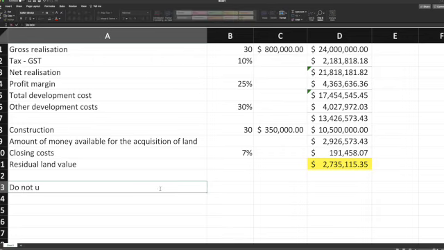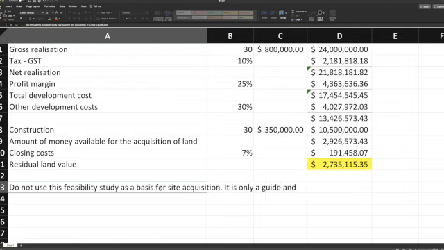Do not use this feasibility study as a basis for site acquisition. It is only a guide, and further due diligence is required. Hopefully I spelt all that correctly.